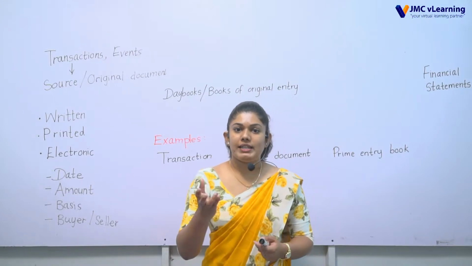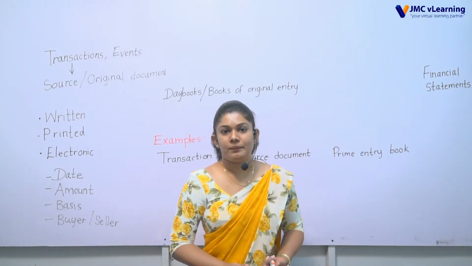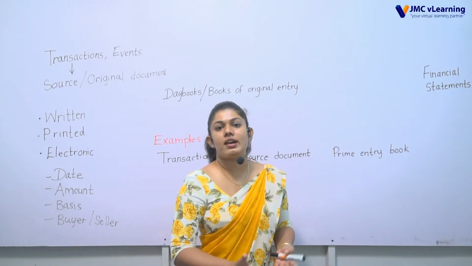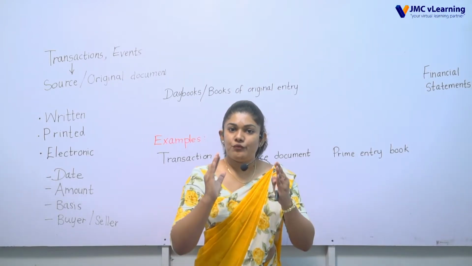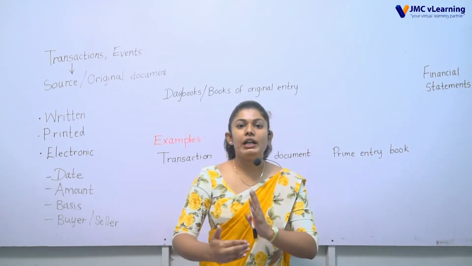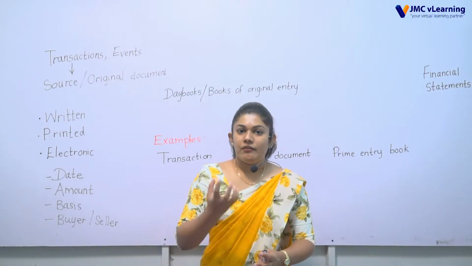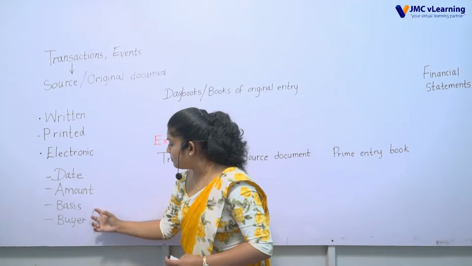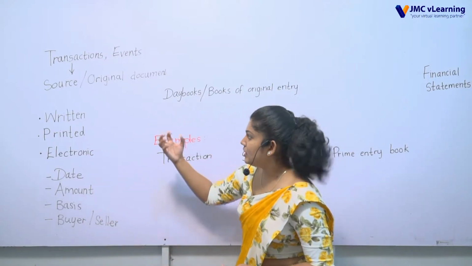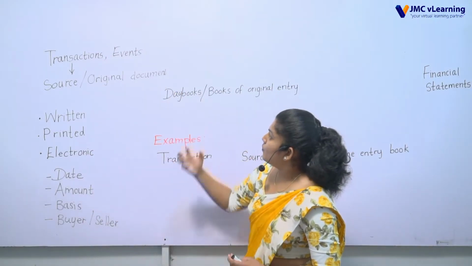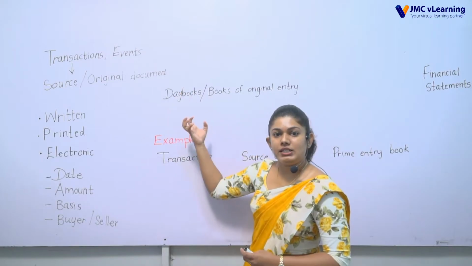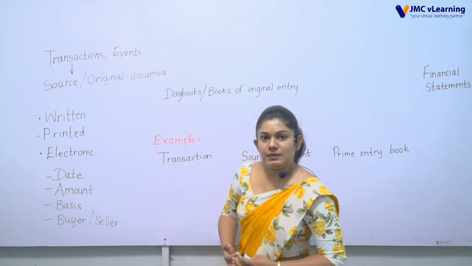So you can't paste every receipt you get in the books. Then that will be a disaster. So for our convenience, to avoid that complicatedness, we extract this basic information from the source document and we record it in a separate place.